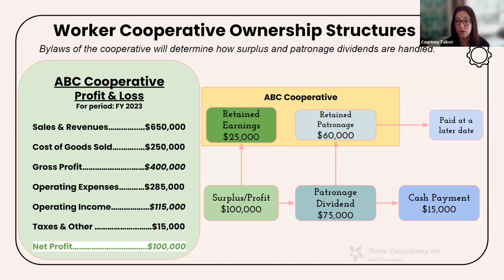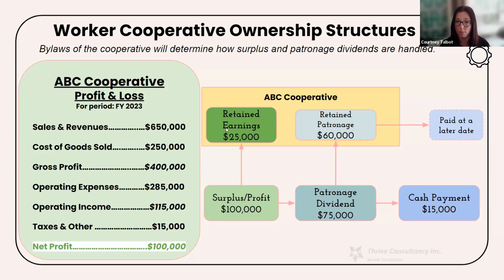So our $15,000 is cash payment, with the remaining 60 being held in the cooperative in the worker owner equity accounts. That is assumed to be paid out at some later date, but not any time in the near future. So again, we started with 100,000, 25% is retained.